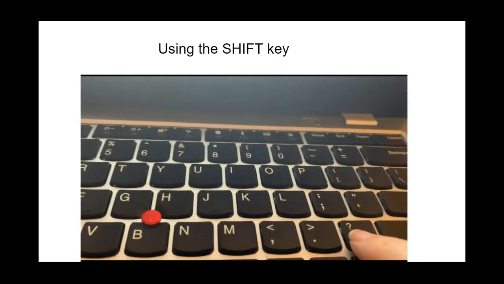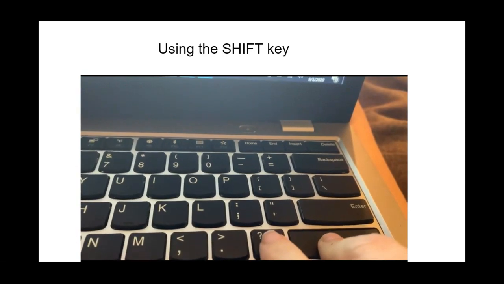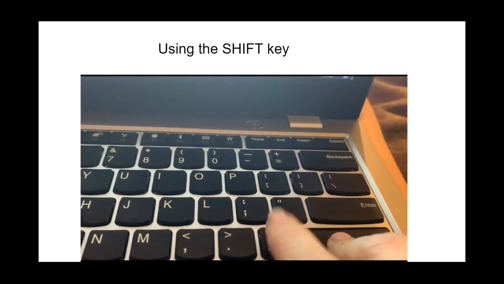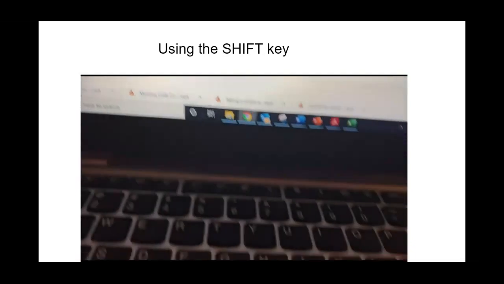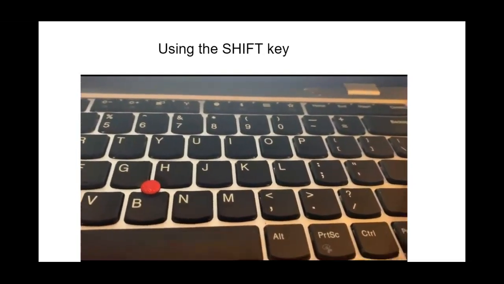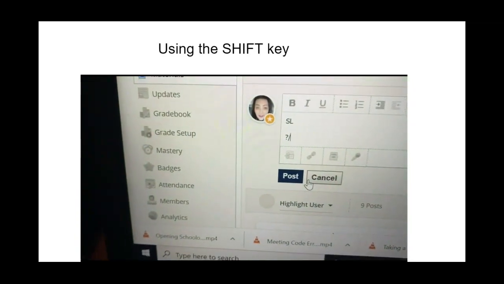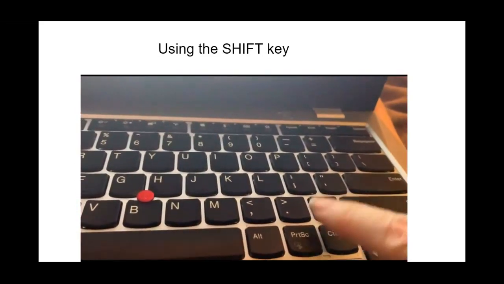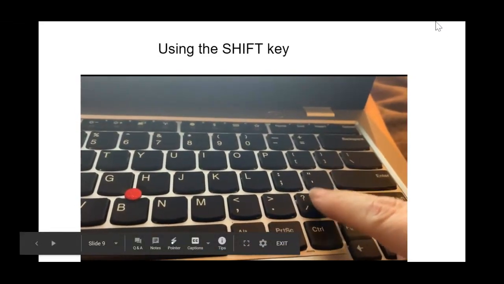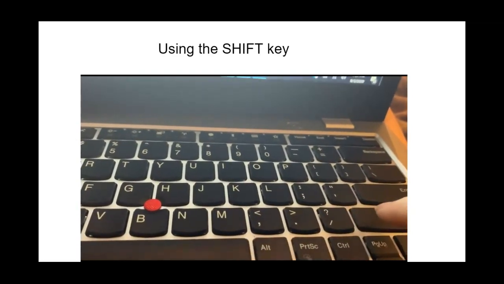So if I want a question mark, I will hold the Shift key down and push the button with the question mark, and it will give me a question mark. If I push it without the Shift button, it's going to give me this little symbol here when I type it. So you have to hold the Shift key down on either side of the keyboard and the letter you want to make big, or the symbol at the top that you want to use.